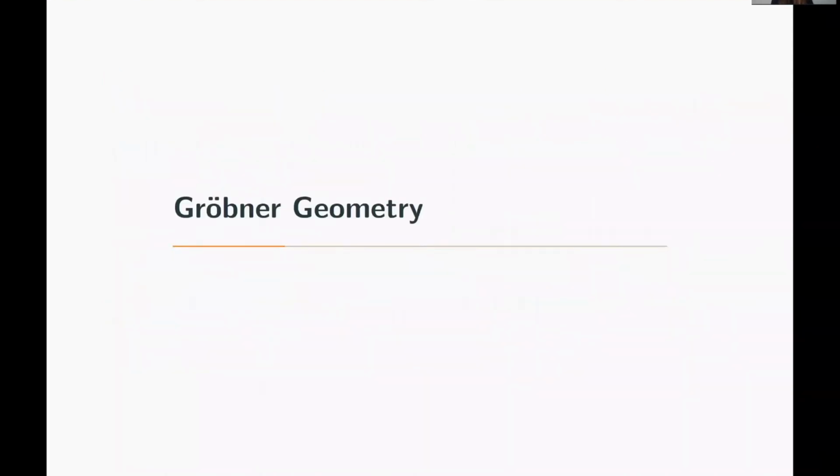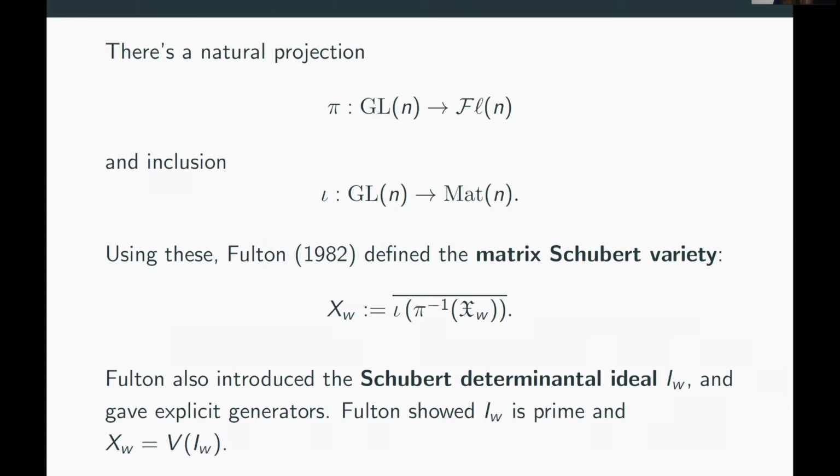Okay, so Gröbner geometry. So our story starts with these things called matrix Schubert varieties. You can define them in terms of these natural projections of the general linear group onto the complete flag variety and an inclusion of the general linear group into the space of n by n matrices.